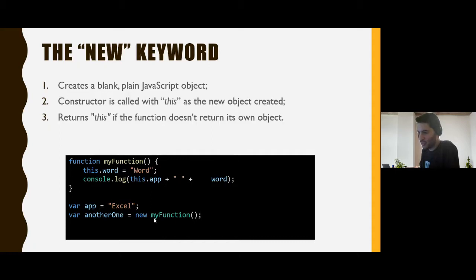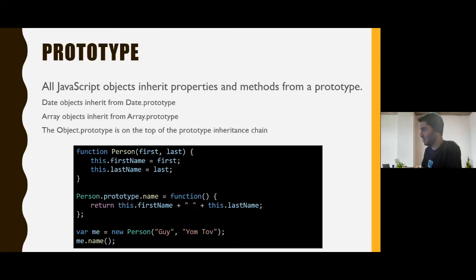So when we use new, we actually have to use the this in order for it to understand that it's from this new object's scope. Once we removed it, it's going to search in the global scope, and word, as you can see, does not exist in the global scope. And this is why it's going to print undefined, undefined. All right, it was a bit tricky. Feel free, as I said before, to ask any questions you would like.